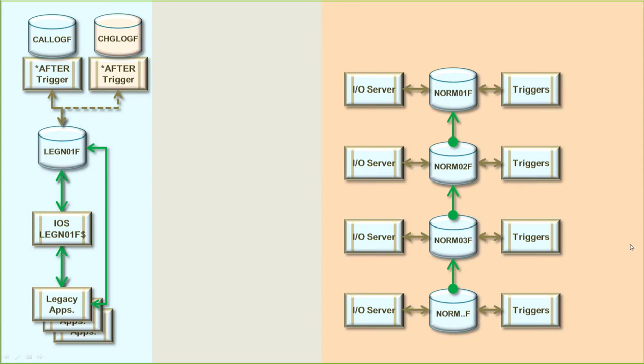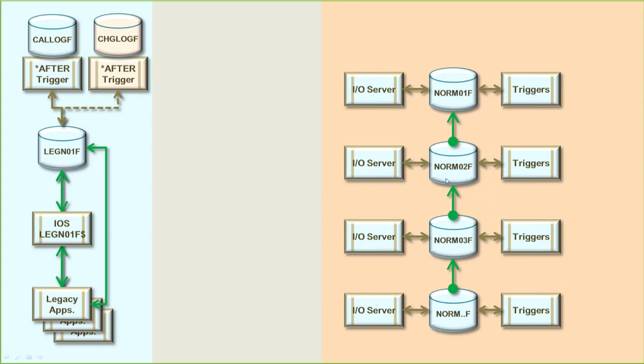Now what you've done is you have created your normalization around that original legacy file. So you've normalized that legacy file without having busted anything, which is exactly what we're looking for.